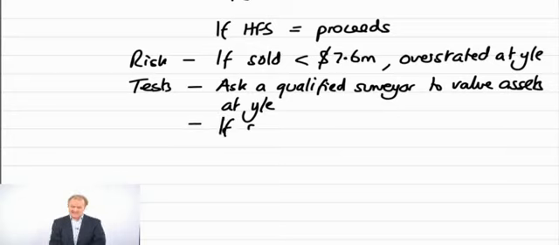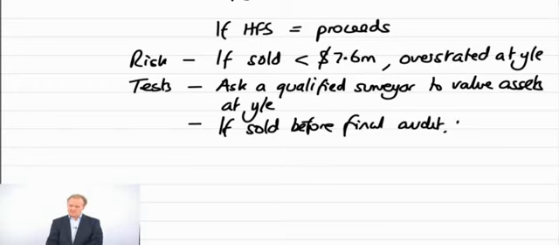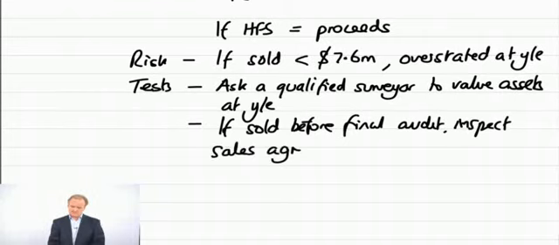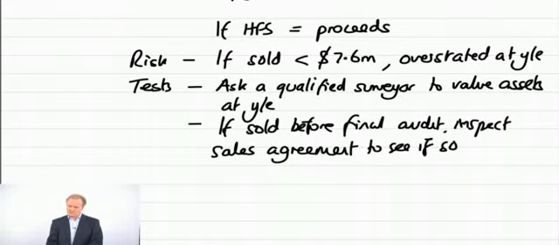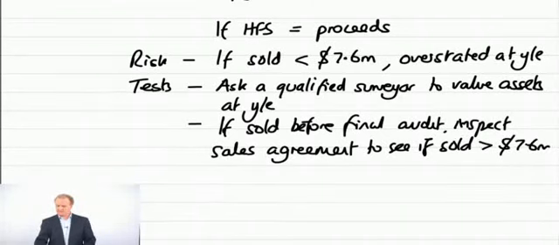So third-party evidence. Or if they have been sold before final audit, inspect sales agreement to see if sold above 7.6 million.